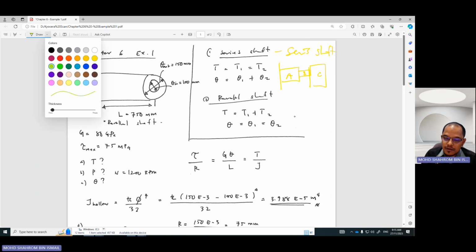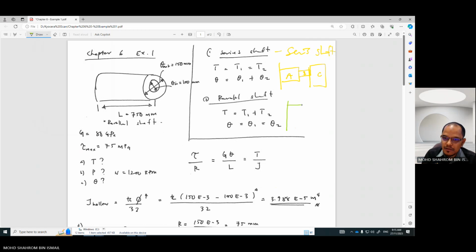Manakala parallel shaft ni biasanya dia panjangnya semua sama. Tapi dia ada hollow. Macam tu. Jadi kita tahulah. Ni shaft A, yang ni shaft B. Hollow tu mungkin ada masuk shaft ke, dia ada insert shaft ke, atau kadang-kadang jarang lah kita tengok problem yang macam ni.